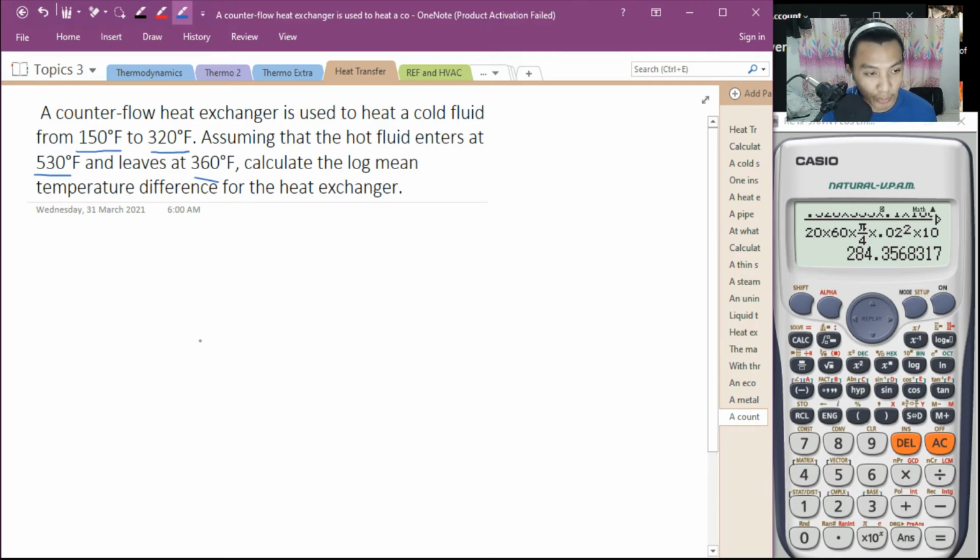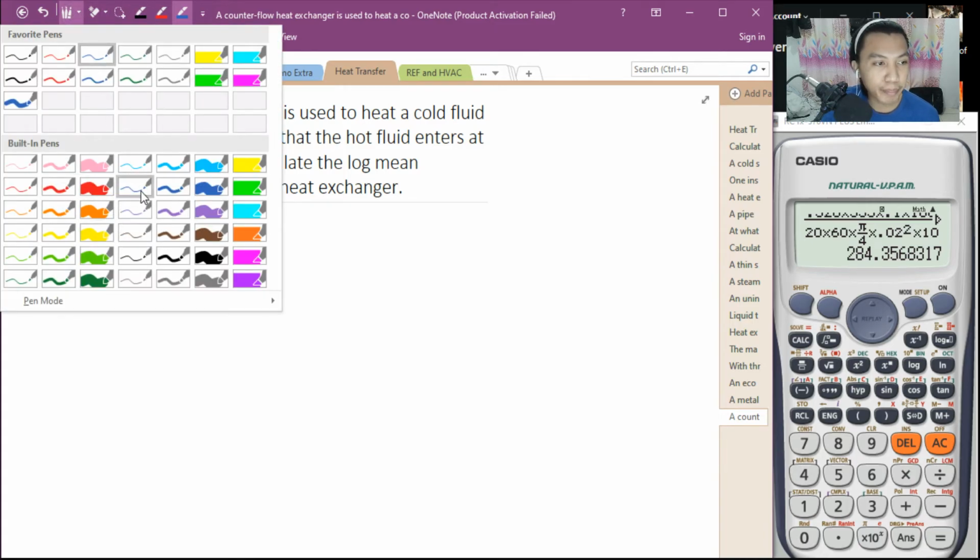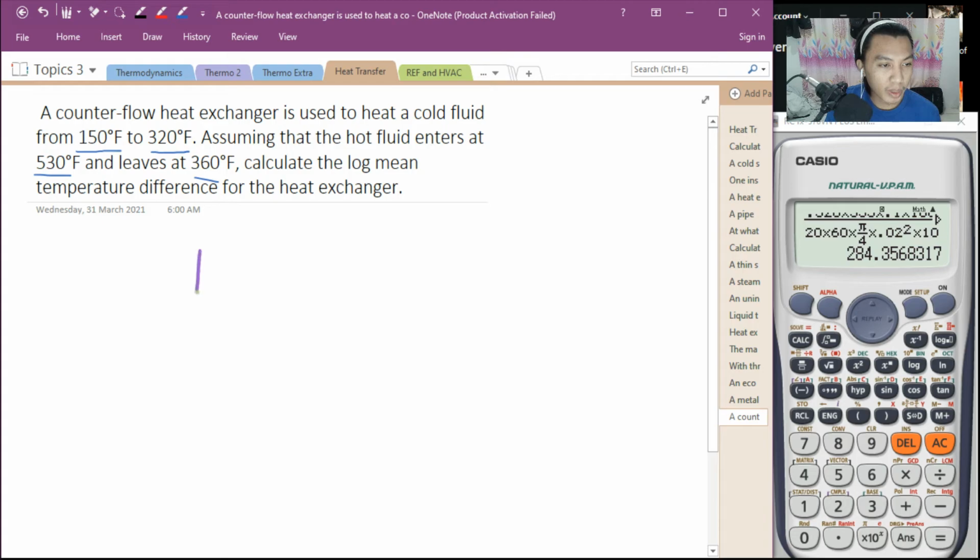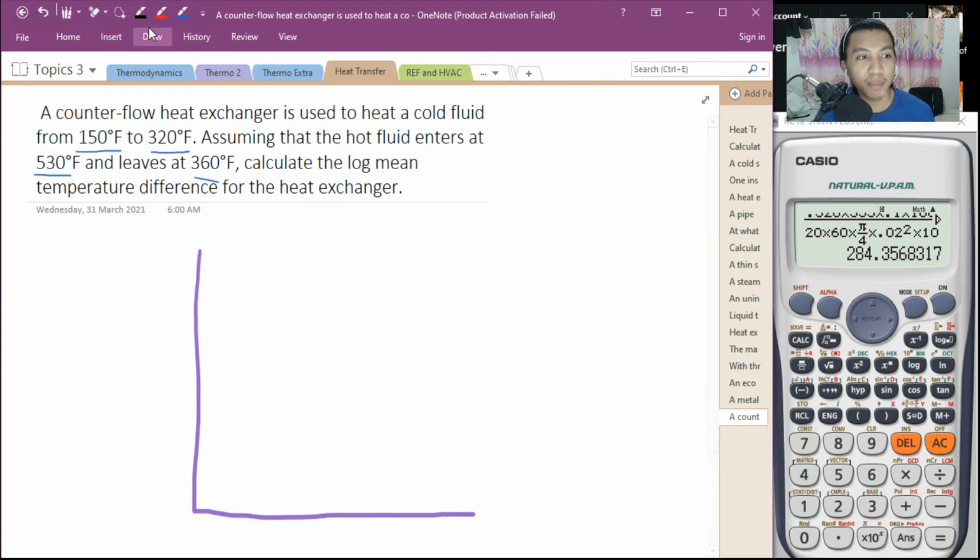So, counterflow ito. I-drawing muna natin para mas maintindihan. Ayan. So, ano yung pinakamataas na temperature mo dyan? That is 530. Palagay natin. Counterflow. This is 530. Pag counterflow hot fluid, laging papunta rito yung hot fluid through the length. Okay, this is 530.